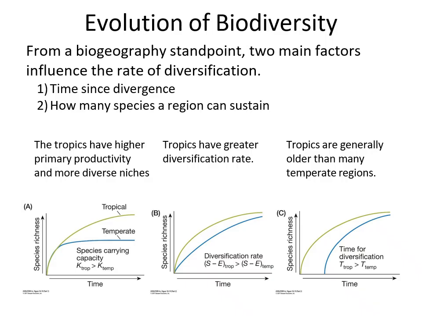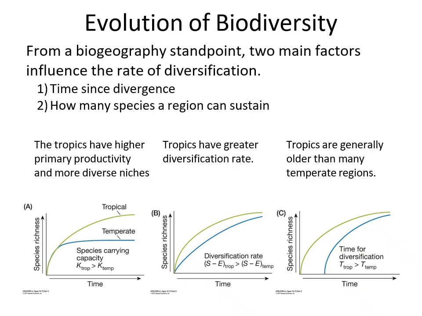And then we can also think about, similar to what we can think of for carrying capacity, of how many individuals of a single species can be sustained in a habitat. We can also think about how many species a region can actually sustain. So in graph A at the bottom, we can compare a temperate and a tropical. And tropical environments are much more productive.